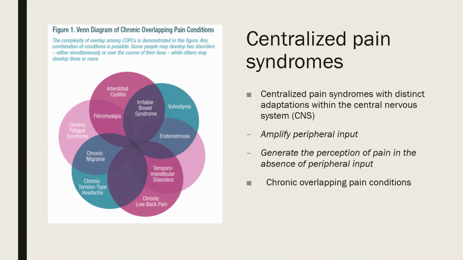For the clinicians in the audience, if you see these diagnoses on the chart and a patient comes to you with widespread pain or other associated symptoms, it might put a little light bulb in your head: if this patient has migraine, temporomandibular disorder or TMJ, irritable bowel, interstitial cystitis, these are all chronic overlapping pain conditions that are known to have the same central sensitization or central pain amplification that we see in fibromyalgia.